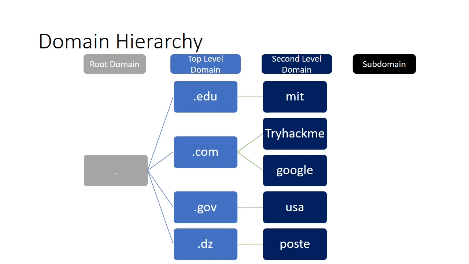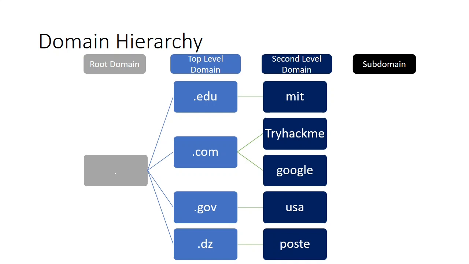So the second level domain is the part that comes just before the .com part. So for example here that would be tryhackme. It comes just before .com. And these second level domains are limited to 63 characters.